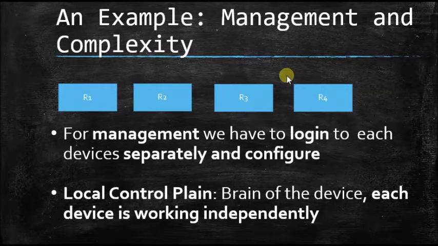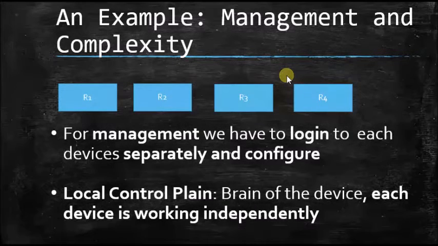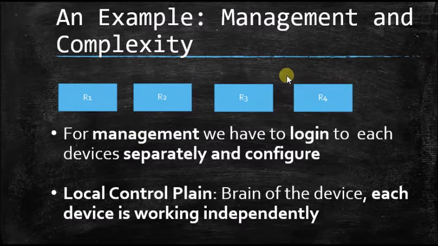Now let's say instead of four devices, our network is very large and we have thousands of devices. We can just imagine the amount of time and resources it will take to configure each of these devices individually. Now let's talk about the complexity.